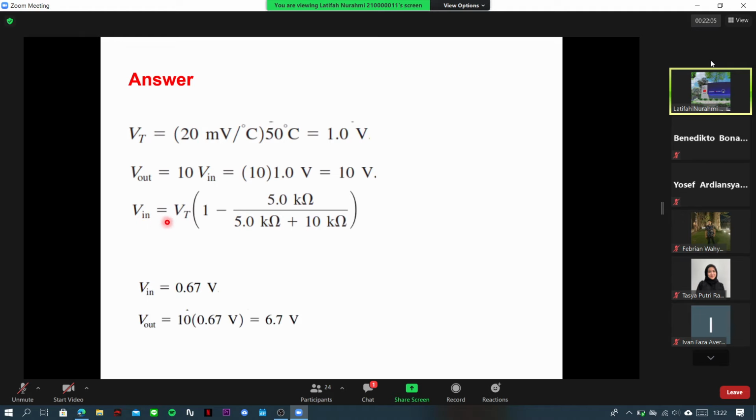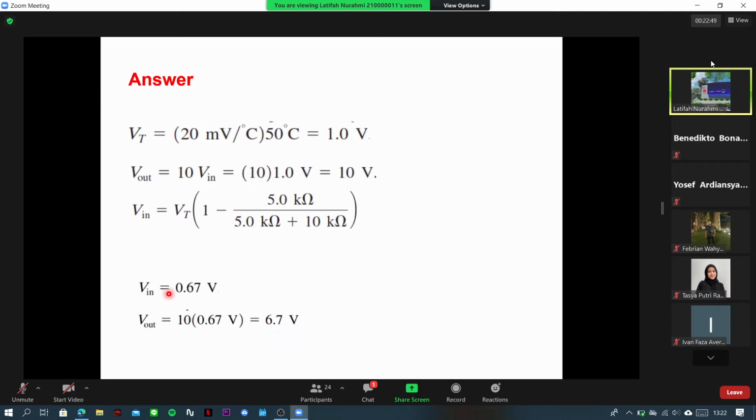So Vin is equal to Vt times the formula from before, 1 minus the resistance of the sensor over the resistance of the amplifier. From this formula, you get Vin coming to the amplifier as 0.67 volt. Then the output voltage is 10 times the input, which is 6.7 volt. Before, the signal was too small at 0.67 volt.